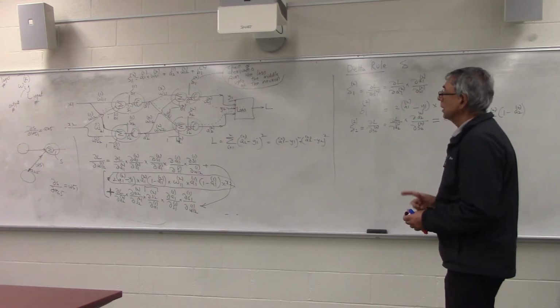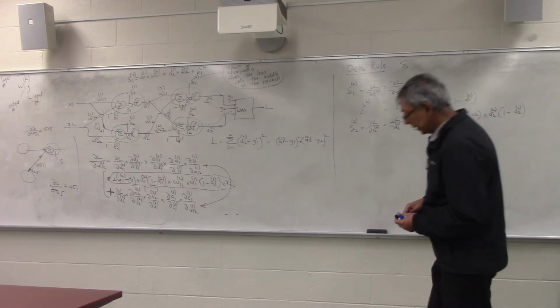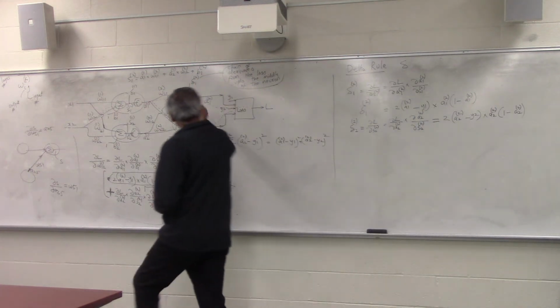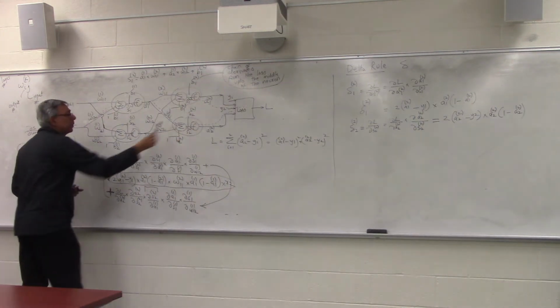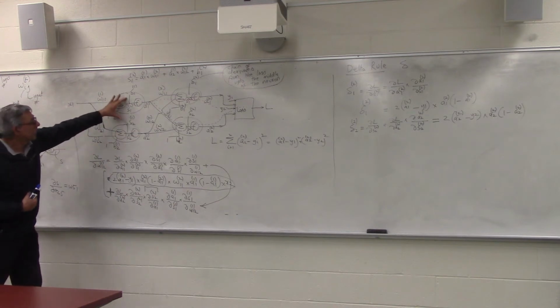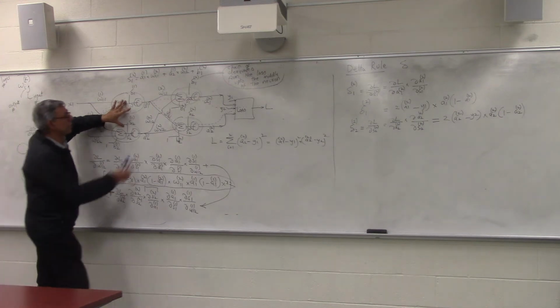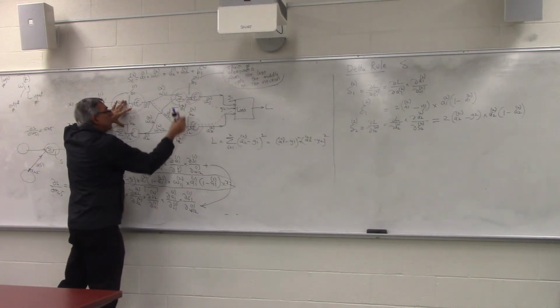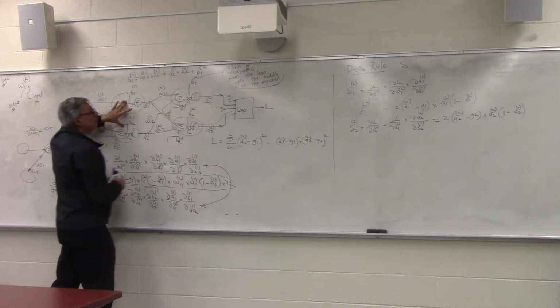Now here's the interesting part. Were there too many partials involved in computing these deltas over here? No, it was just two partials, so not too bad. The interesting part is that the deltas over here can be computed in terms of the deltas over here, based on what's connected to them.